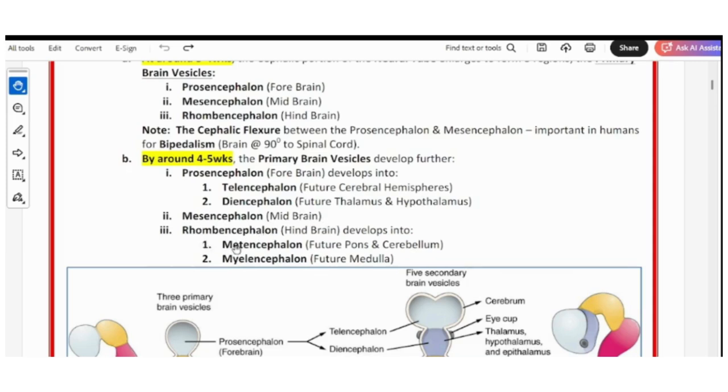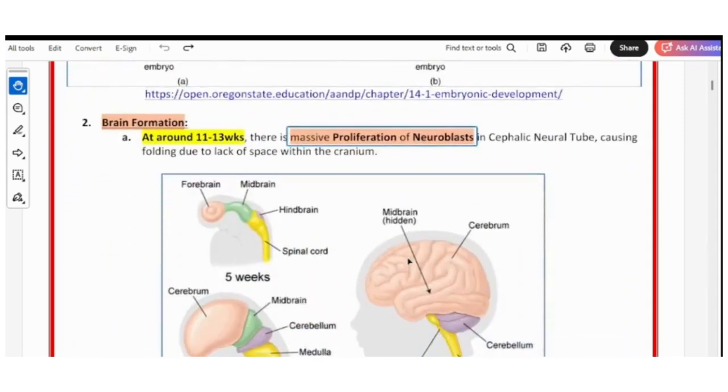Rhombencephalon further develops into metencephalon, which is pons and cerebellum, and myelencephalon, which is the future medulla.